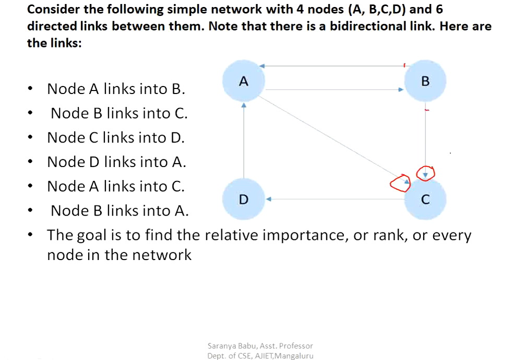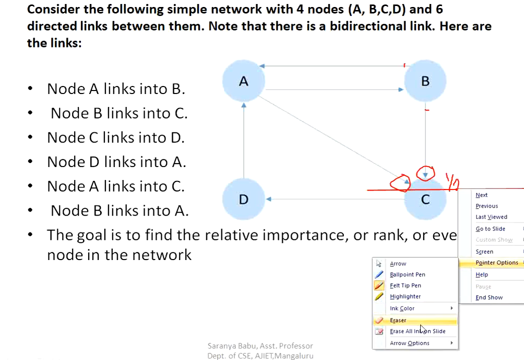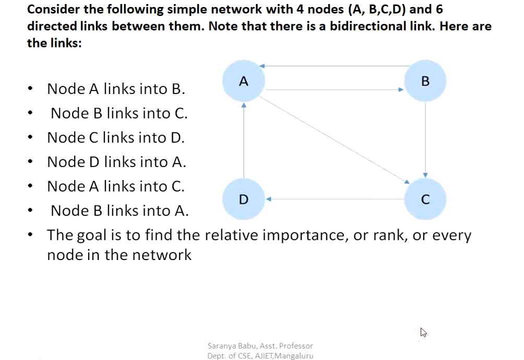So C is going to get only half of what? Half of the rank of B. Node C gets one incoming link from B, but you need to check whether there is any other link from B. Yes, B to A is there.